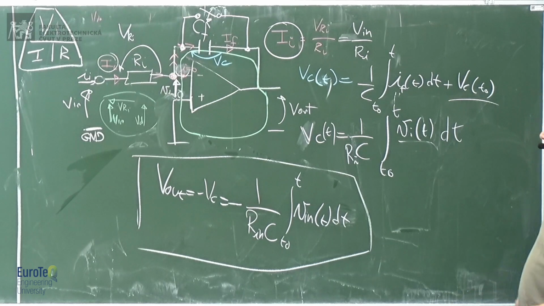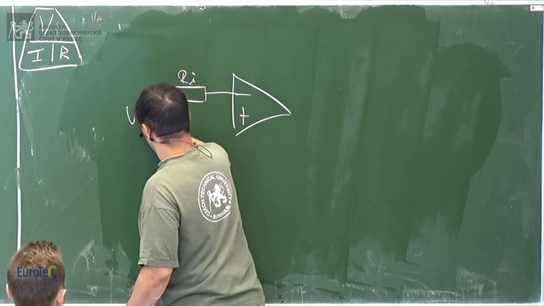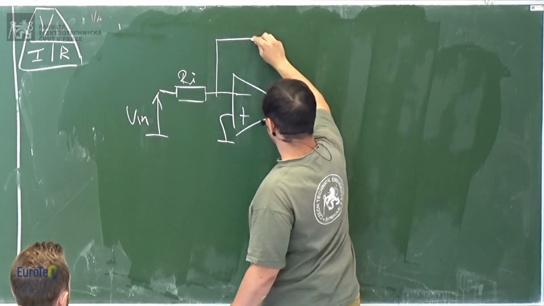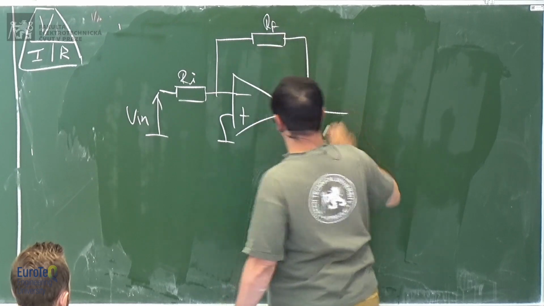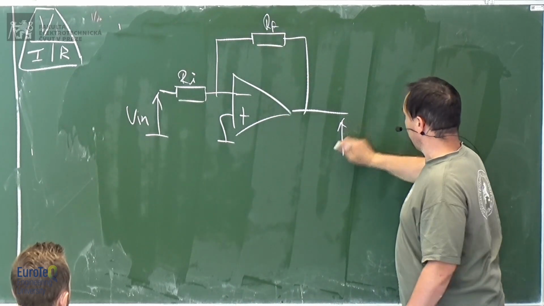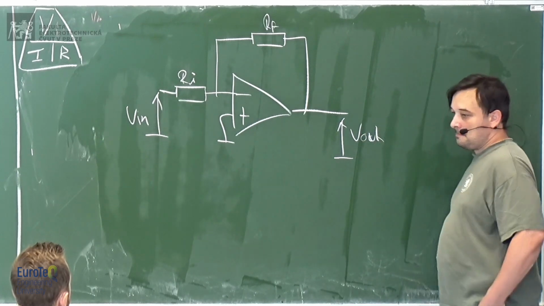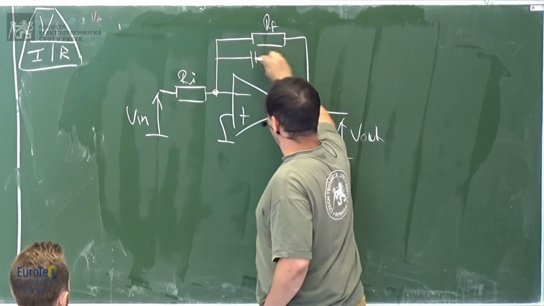Let's go back a moment to the inverting amplifier. We have our input resistance, the input voltage, the ground, the feedback resistance, and the output voltage. Sometimes you will find a capacitor here.